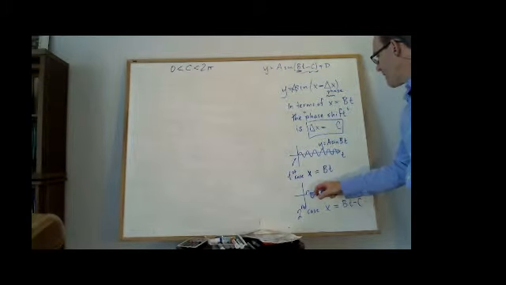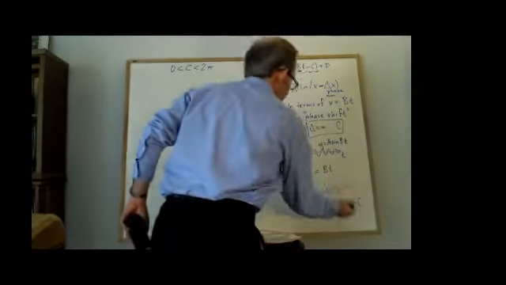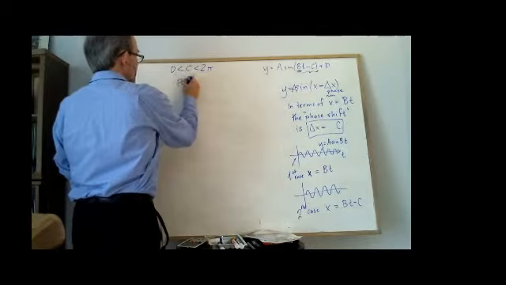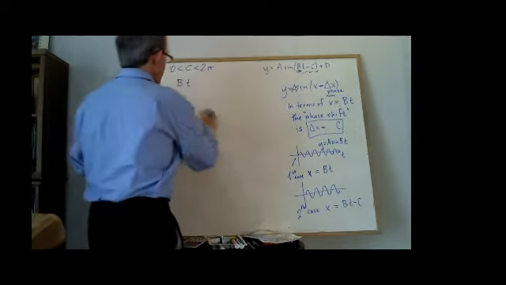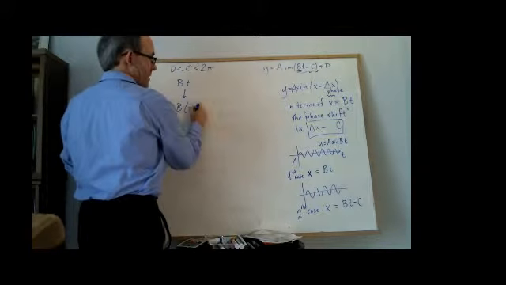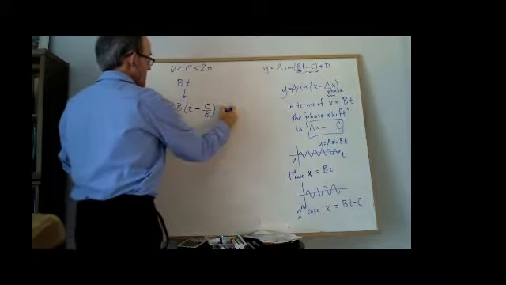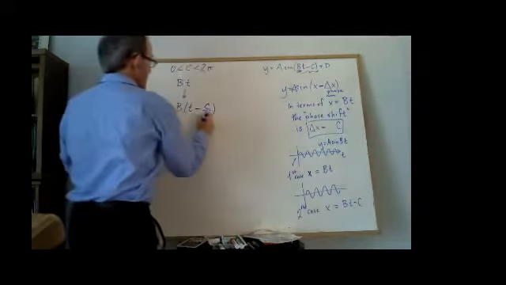Now, what is the shift in time that I'd have to perform in order to get from here to here? Well, if you just factor out the b, then I have to divide c by b, and then that gives me the same thing as this function here.